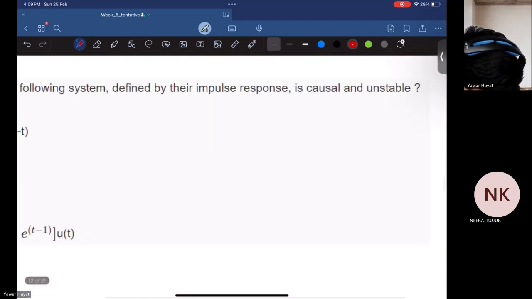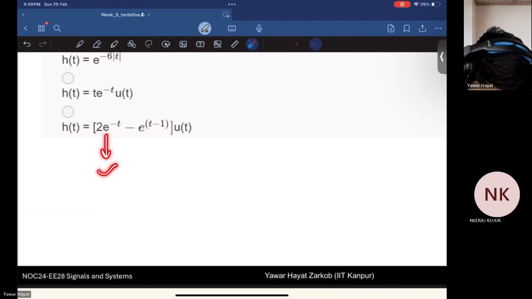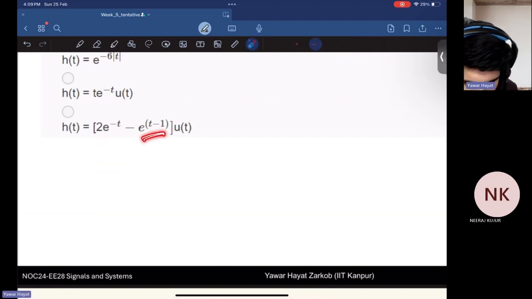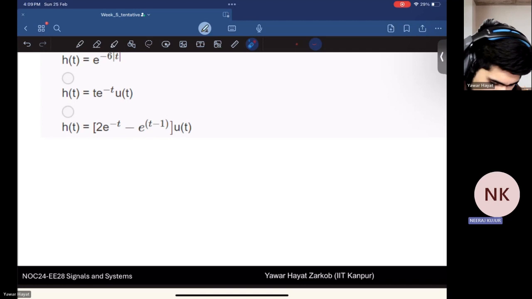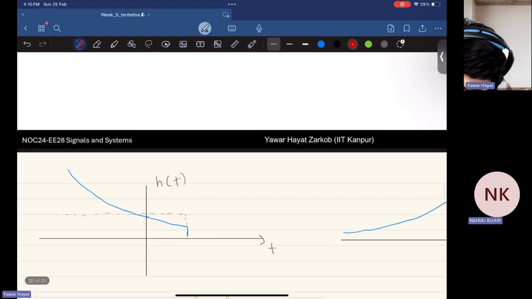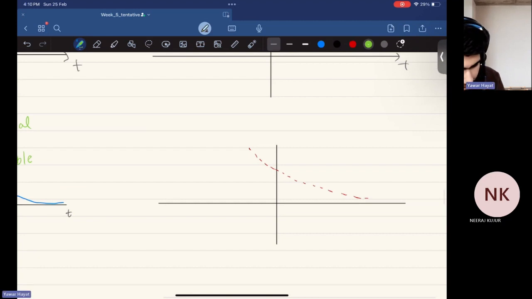Now what about this? This is an exponential, e to the power t minus 1. It would be 1 at t equals 1. So let's draw that in green color.